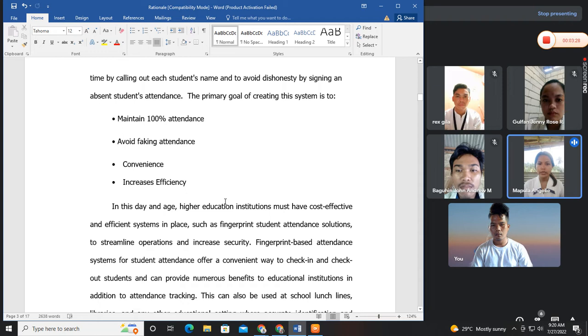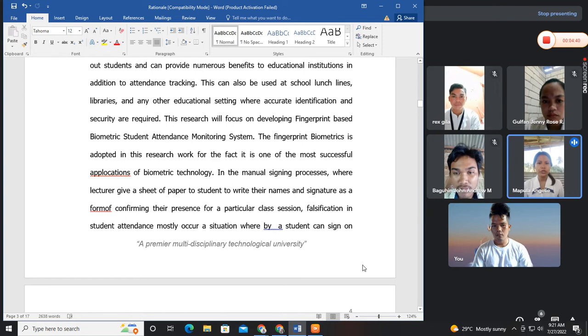Fingerprint biometric is adapted in this research work for the fact that it is one of the most successful applications of biometric technology.